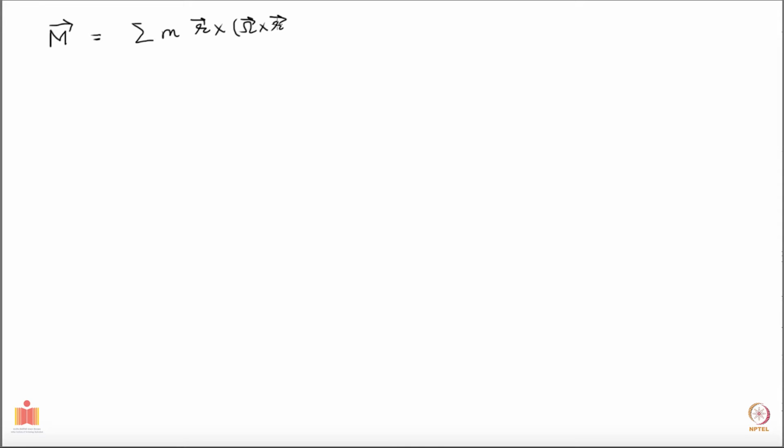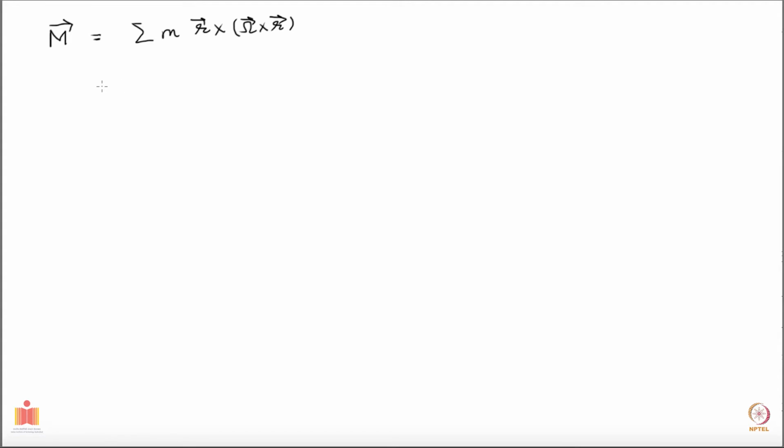And remember, all these vectors small r are relative to the origin of the body system. So if you put r equal to 0, for example, here you are at the origin of the body system, not at the origin of the space system. Okay, nice.